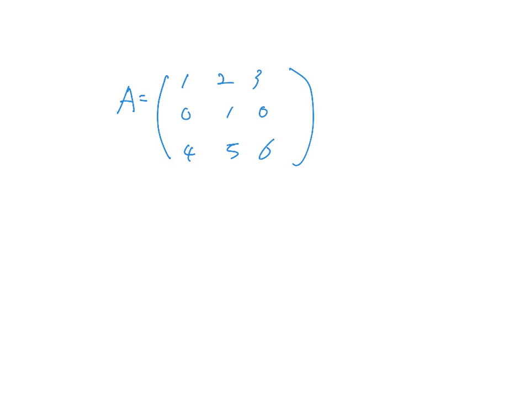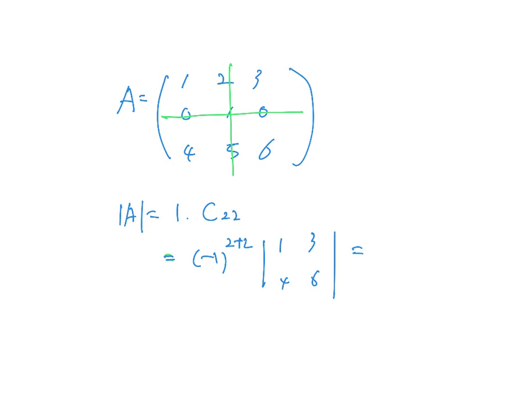So determinant A is actually 1 times C22, right? So 2, 2 is you obtain the second row, second column, minus 1 to the 2 plus 2, 1, 3, 4, 6. So minus 1 to the 2 plus 2 is 1, and this is minus 6.